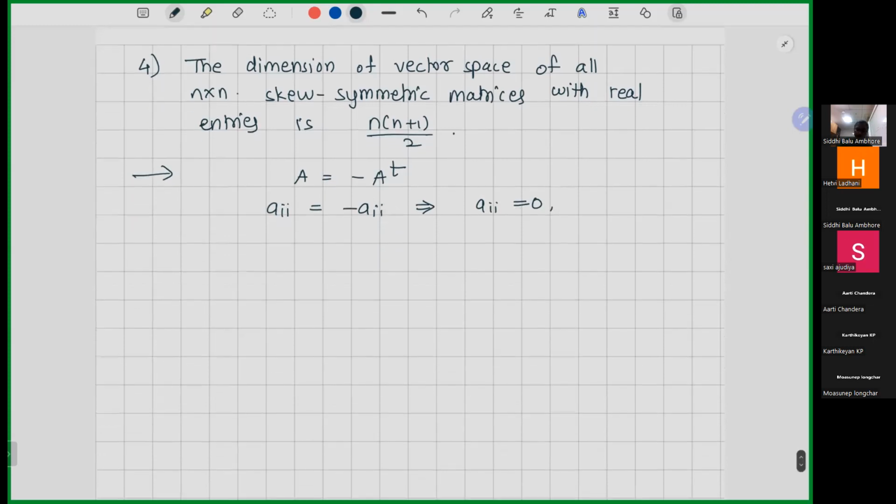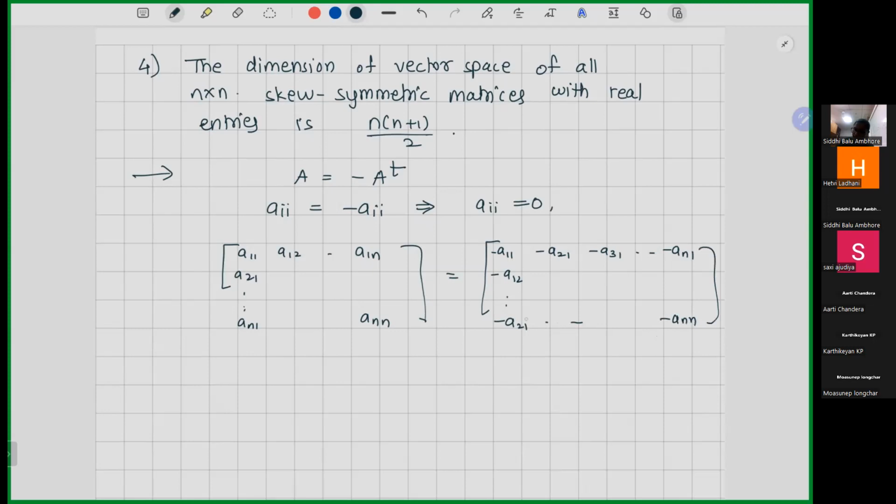Because now, for example, if I take this matrix with A11, A12, A1n, A21, An1, Ann, now this is equal to minus of A11, minus of A21, minus of A31, minus of An1, minus of A12, minus of A21, minus of Ann.